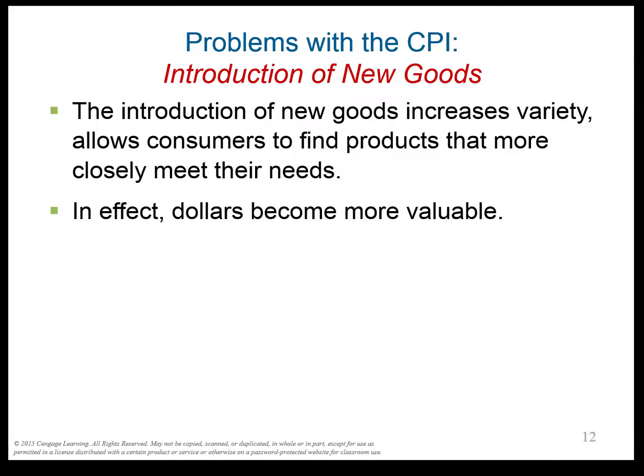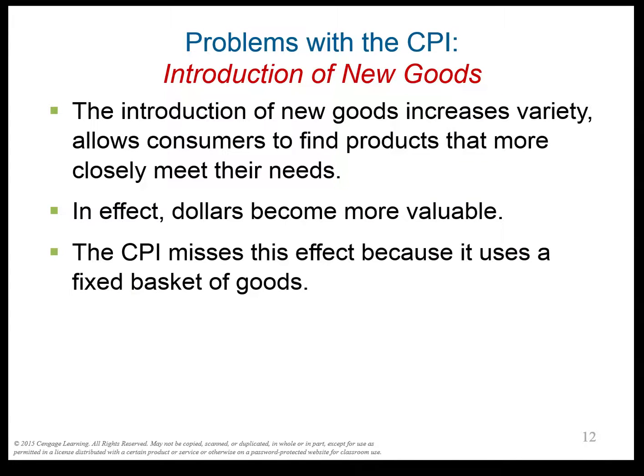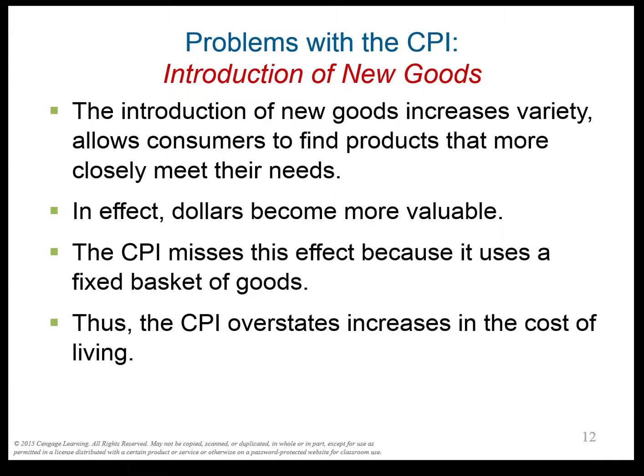So really, dollars become more valuable. Or another way to think about that is it takes fewer dollars to achieve a certain level of happiness inside of me and you and each one of us, because when new goods come out, we can get the exact good we need, so we need fewer dollars to maintain the same level of happiness. Okay? The CPI misses this effect, of course, because it uses a fixed basket of goods, and the CPI will end up overstating the cost of living in this issue also.